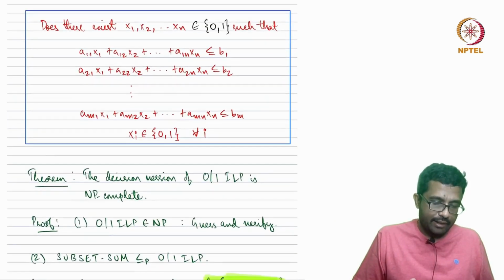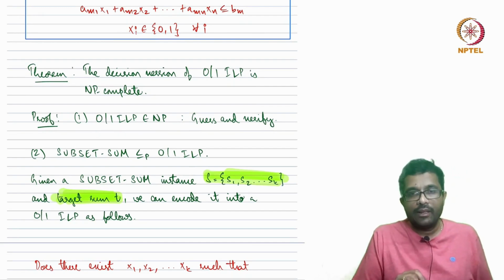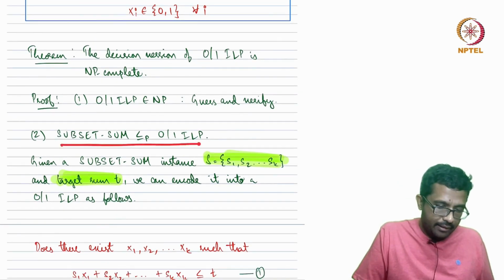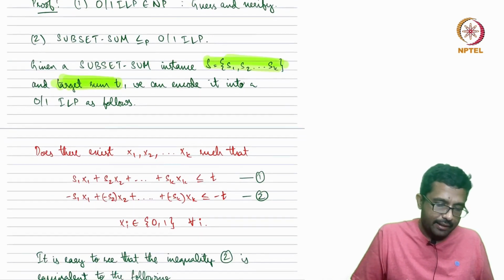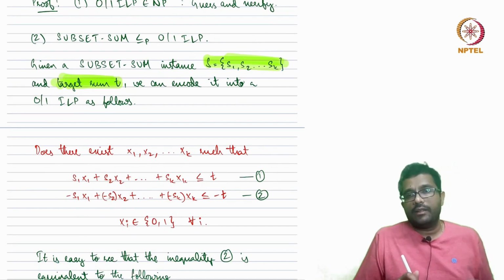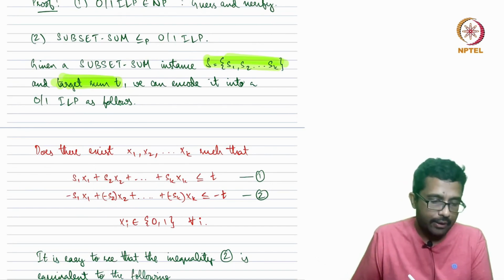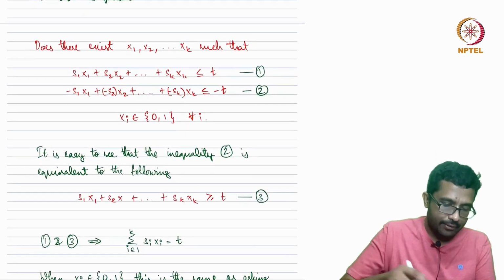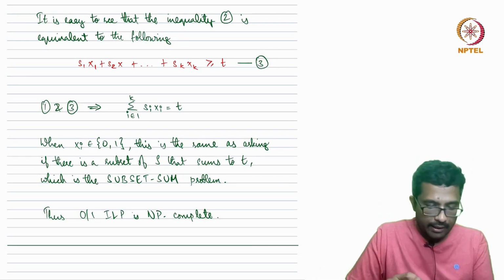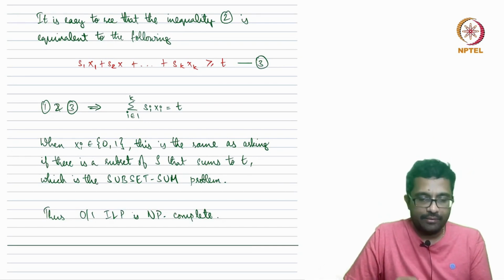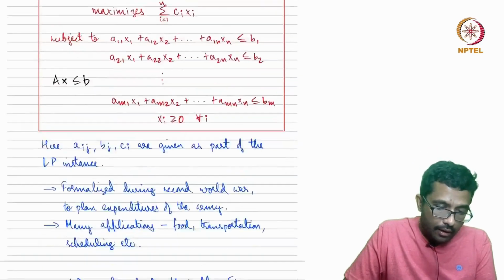In this case it is NP complete because the membership in NP is easy to see. The reduction is a reduction from subset sum, and once we have a subset sum instance, we can easily write down a 0, 1 ILP instance which is a YES instance if and only if the subset sum is a YES instance.